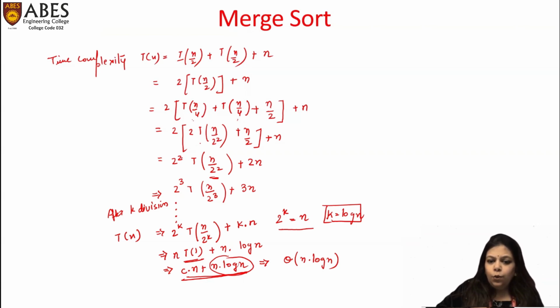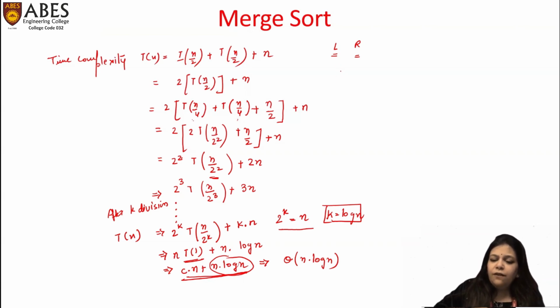Now coming on to the space complexity. As you can see, in order to perform the merge sort, we have taken two arrays, L and R. They have n by 2 plus 1 and n by 2 plus 1 number of elements.